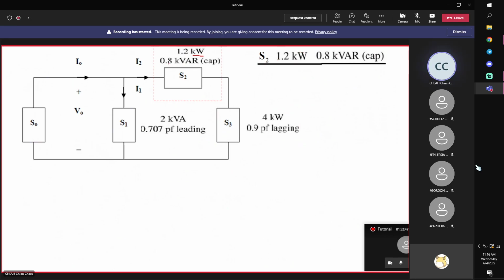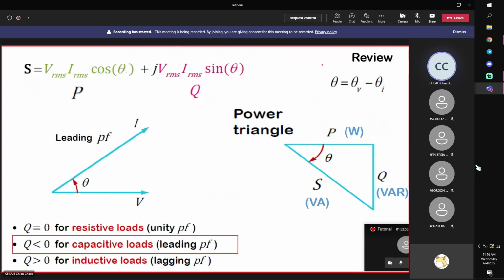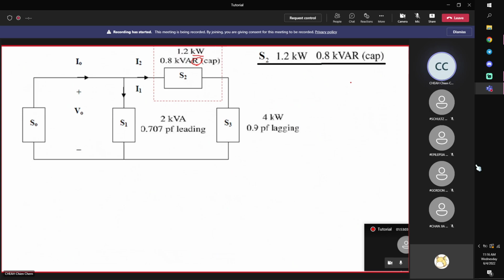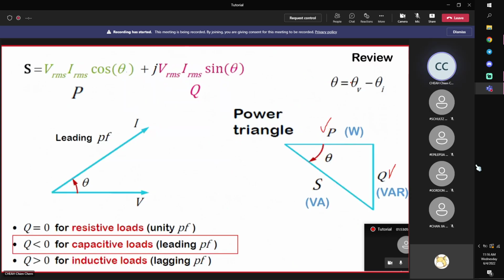Secondly, 0.8 kVAR stands for reactive. So this is telling you that you're given P and Q already, and P and Q has two possibilities. It can be positive or negative.